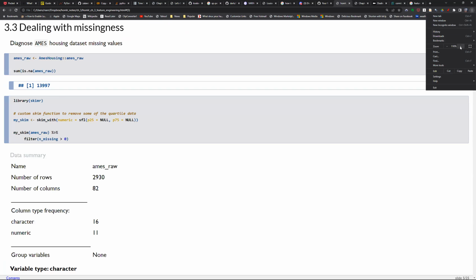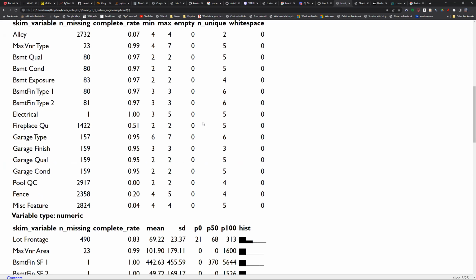This one is kind of squished because of the quantity of the variables. Okay, so this one sometimes is good to use when you have, let's say, 20 or even 30, because then you can see clearly the variable names.